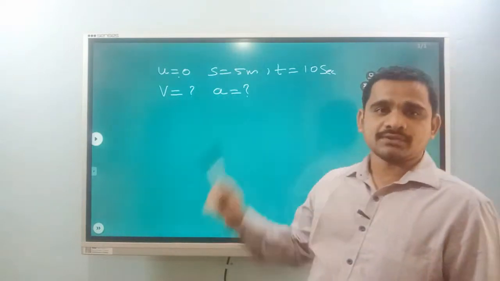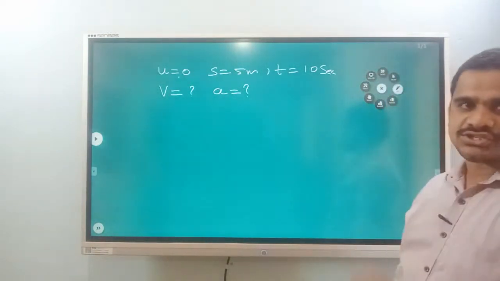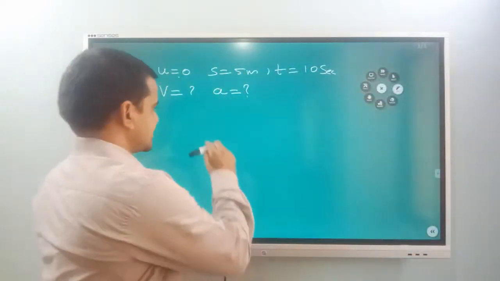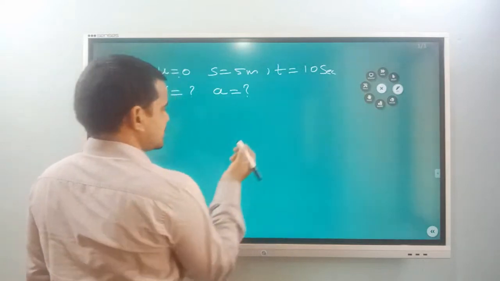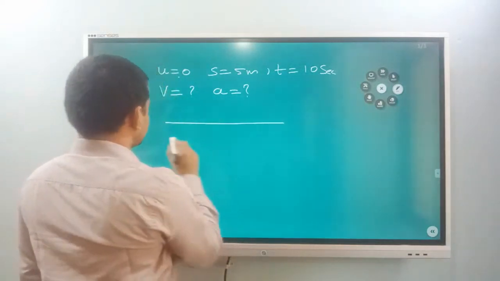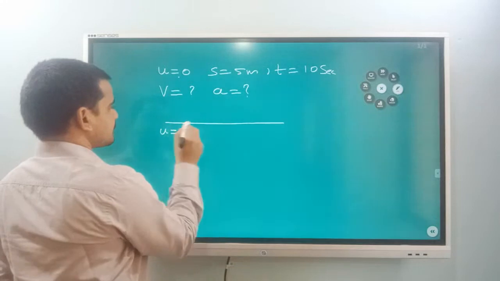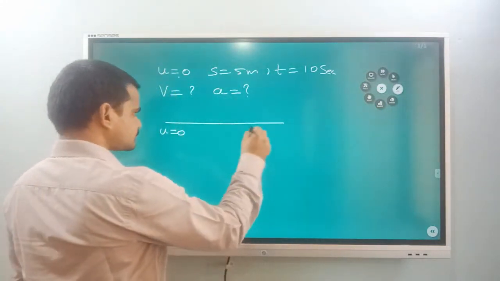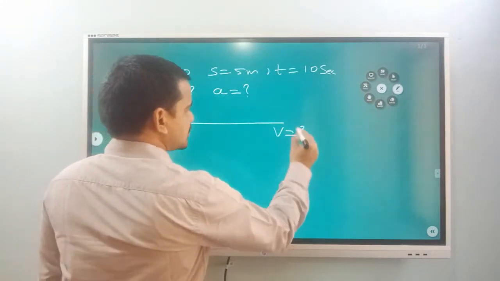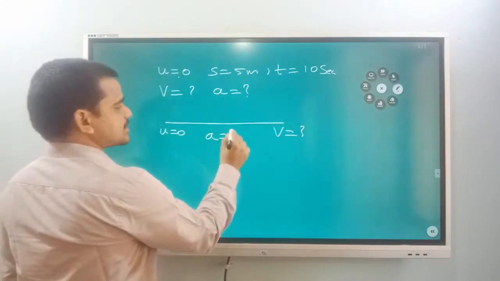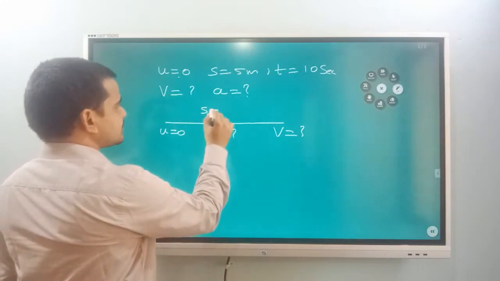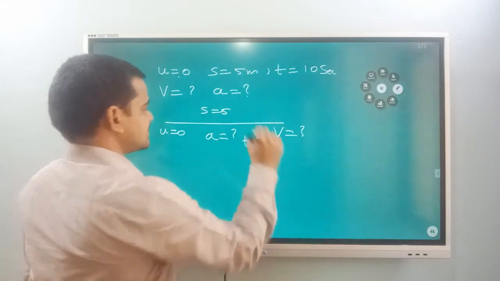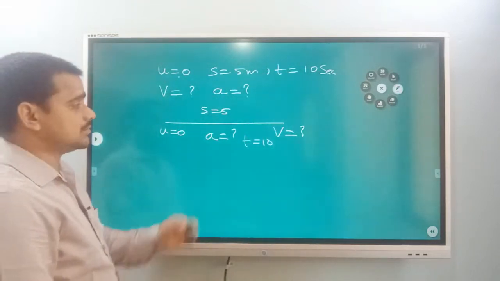What is the final velocity and the acceleration? Very easy question. So u is 0, he wants the final velocity and also the acceleration, the distance traveled is 5 meters, and the time taken from here to here is 10 seconds. Now how to get the answer?